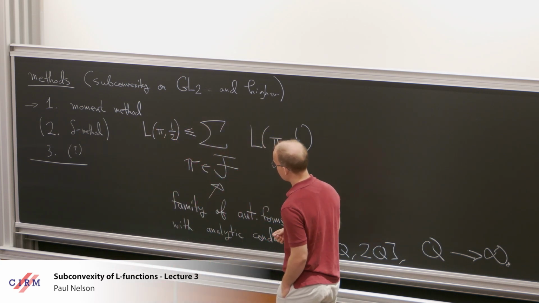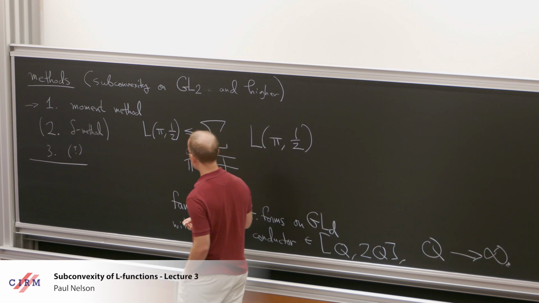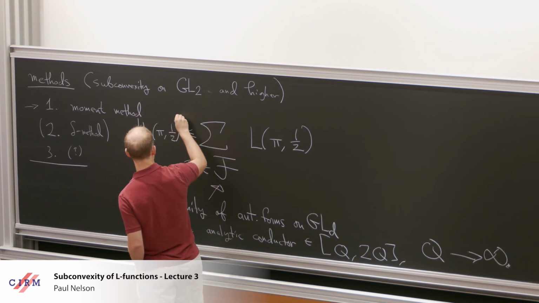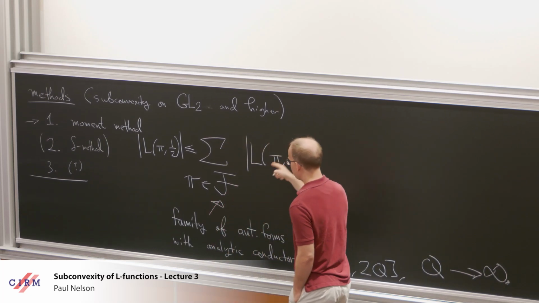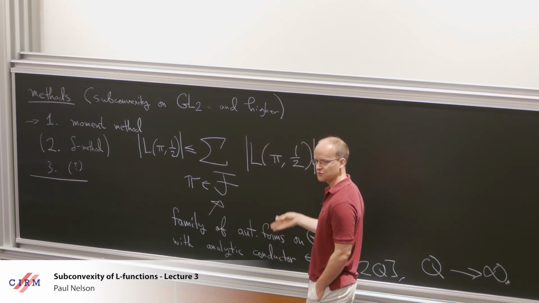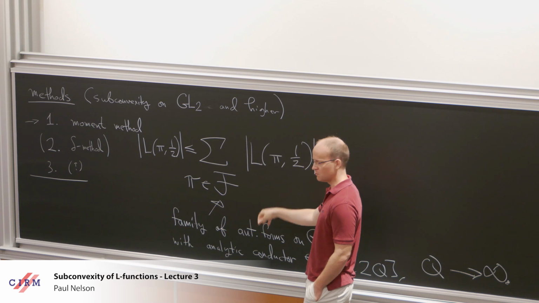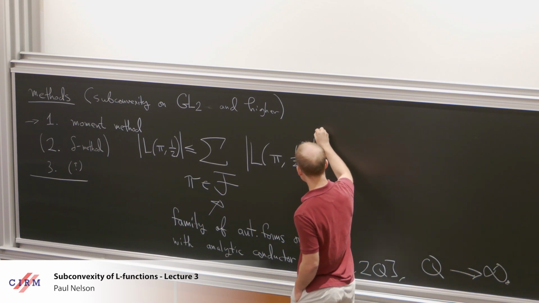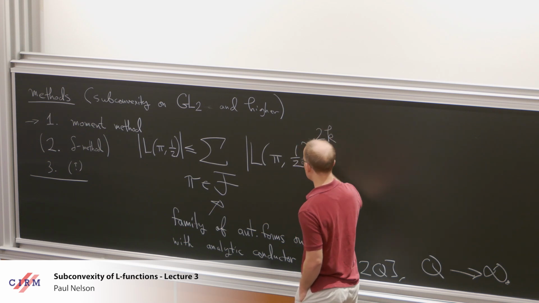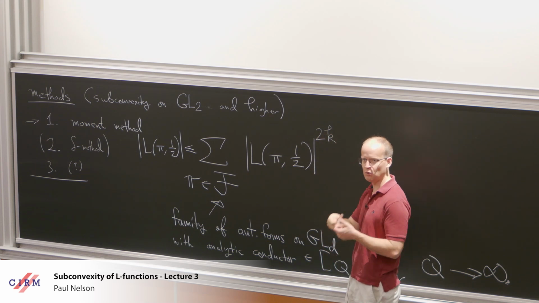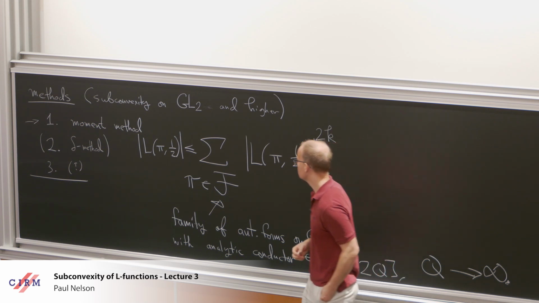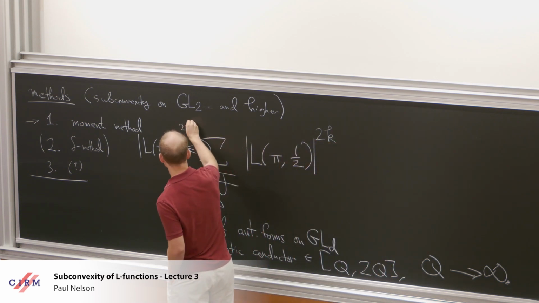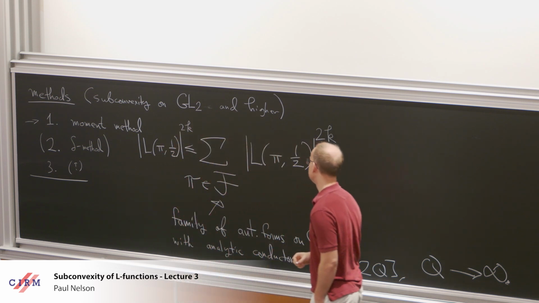And one way to enforce that is to take absolute values everywhere. But then usually for this to have a natural interpretation as an actual L function of the sort that we started with, we need to take an even power here. Because you can take an even power of an absolute value by multiplying together some integral copies of the original thing and then the same number of copies of the conjugate. And then of course you get a 2k over here.